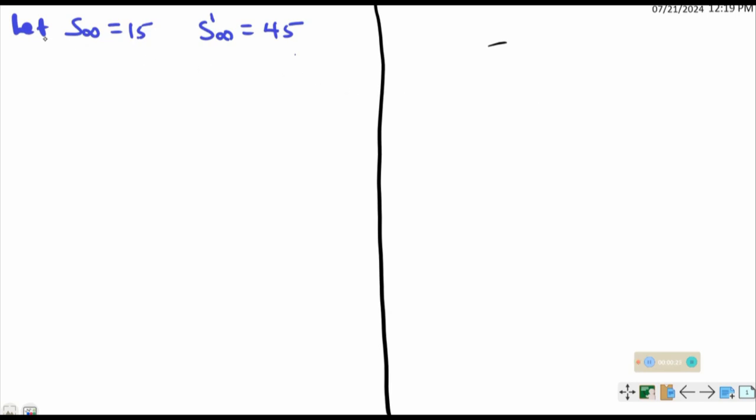We are given that the sum to infinity of the terms is 15, and the sum to infinity of their squares is 45.